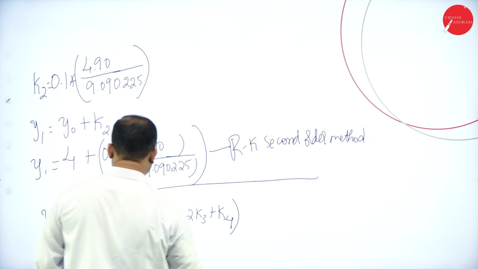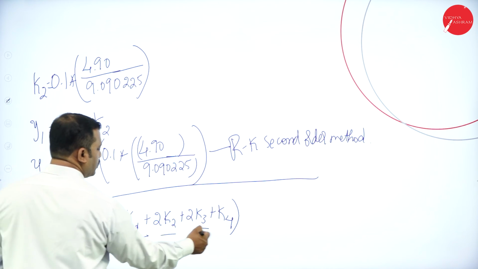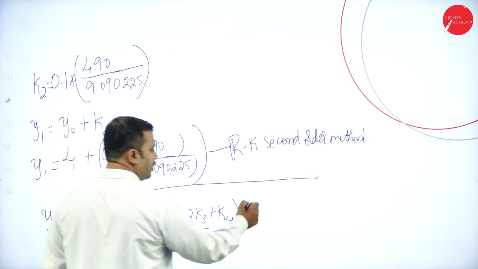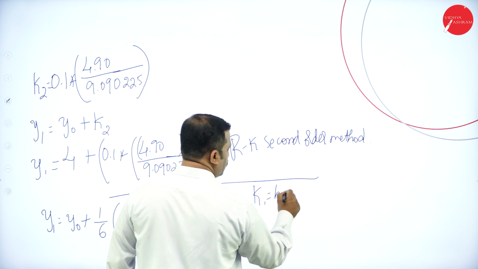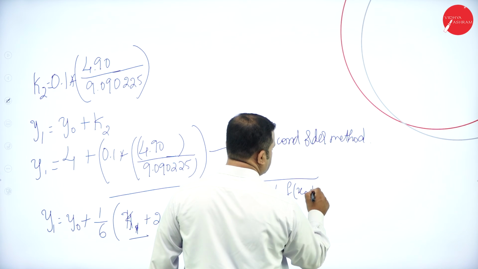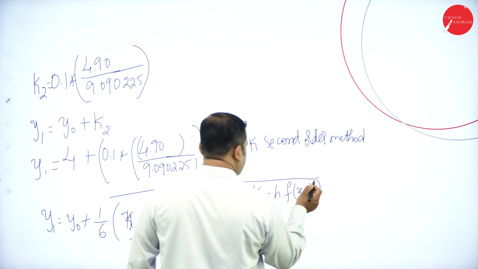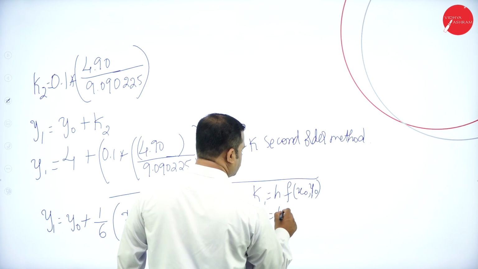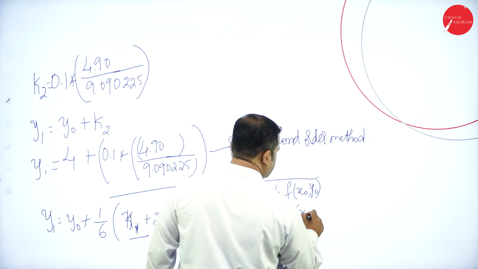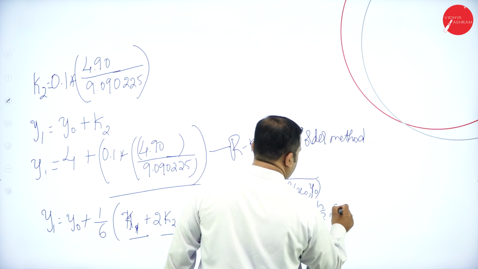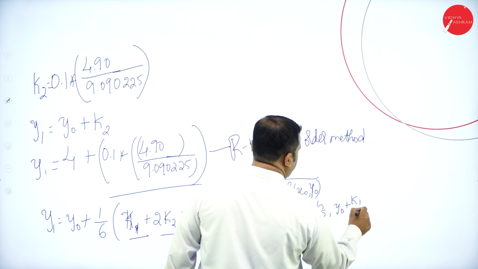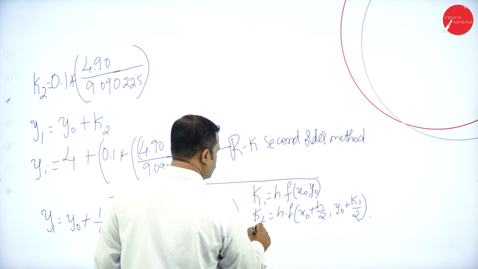You will get this term. I am using the terms k1, k2, k3, k4. If that is the case, what is the value of k1? That is k1 is equal to h into f of x0 comma y0, then k2 is equal to h into f of x0 plus h by 2 comma y0 plus k1 by 2. This is the formula for k2.